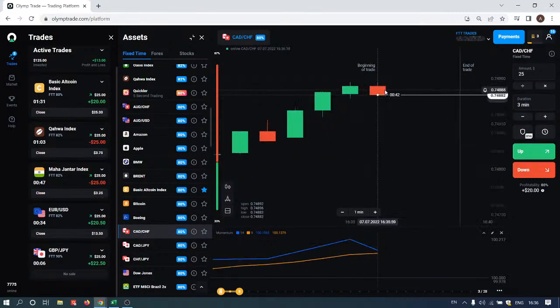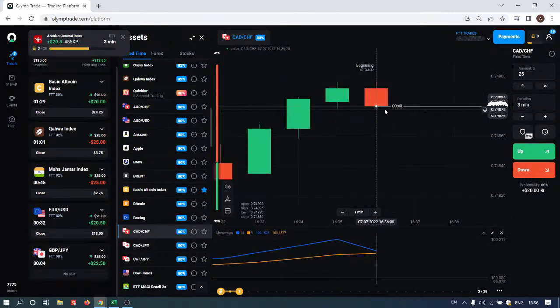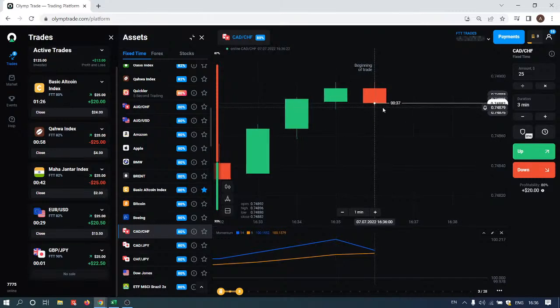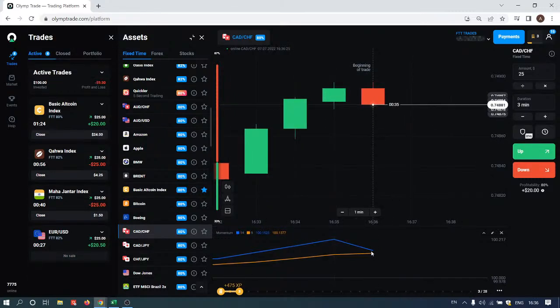All right, CAD, the Canadian dollar against the Swiss franc. Okay, let's try. I want to open a trade downwards here, guys.